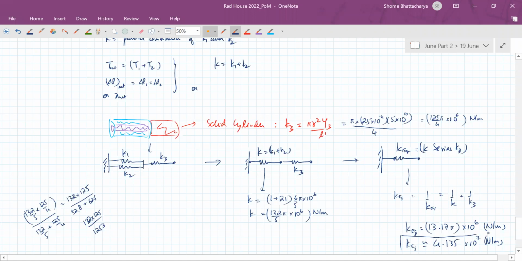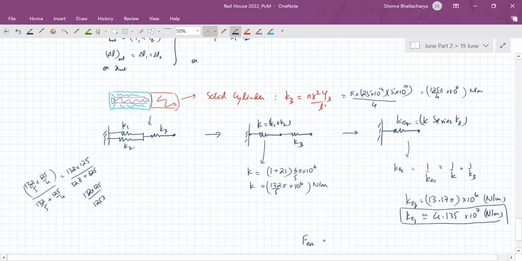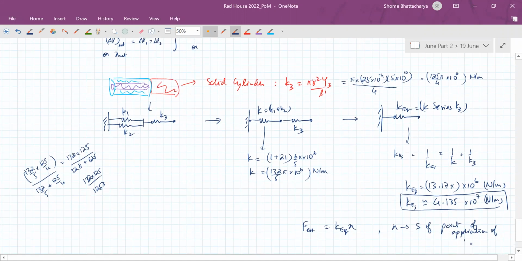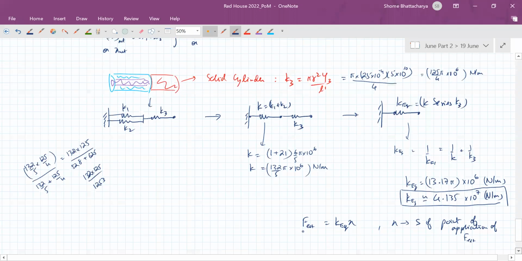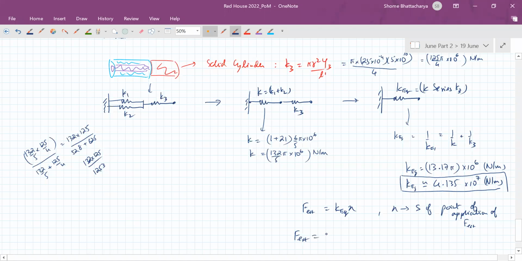Okay, so this will be the equivalent spring constant. So now the external force we need to apply will have to be the equivalent spring constant multiplied by the displacement, where x will be the displacement of the point of application of the external force. So from that we can see that the amount of external force we need to apply will be this value.